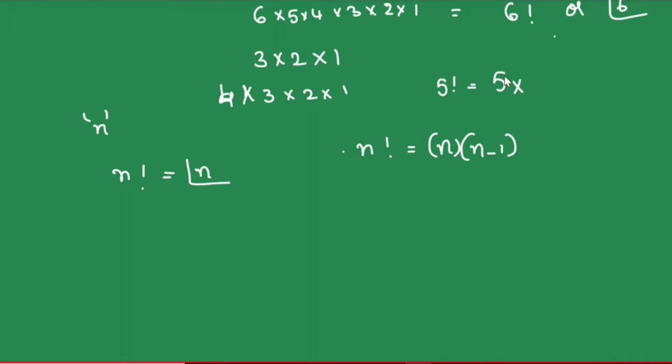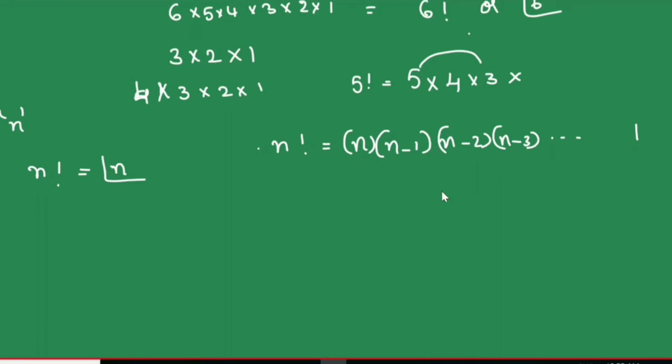How do you get it? 5 minus 1, then 5 minus 2, isn't it 3, then 5 minus 3. So if instead of 5 you take n, it will be n minus 1, then n minus 2, then n minus 3. It goes on like this till you reach 1. So this is n factorial.